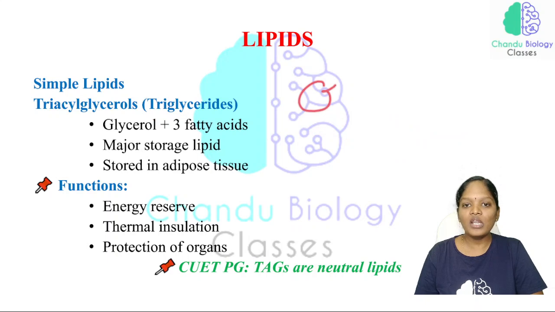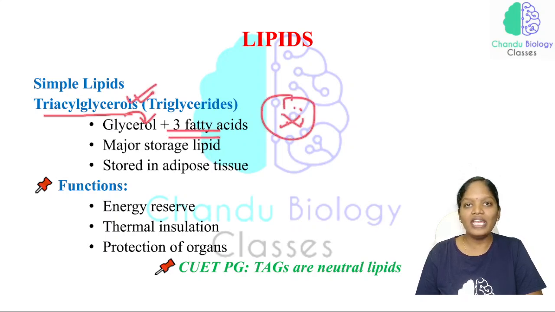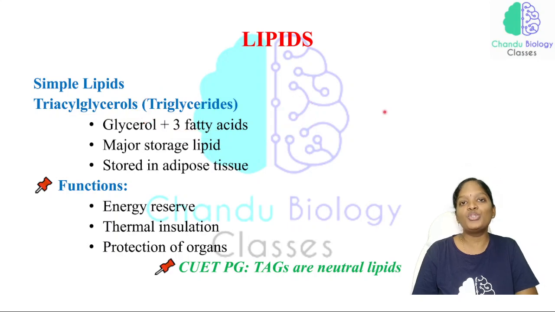If there is glycerol plus 1 fatty acid, it is a monoglyceride. That means monoacyl glyceride, diacyl glyceride, and triacyl glyceride. The triacylglycerol, made up of glycerol plus 3 fatty acids, is very important, and many lipids are stored in the form of triacylglycerols. Kindly make a note of it. This can be expected in the question.